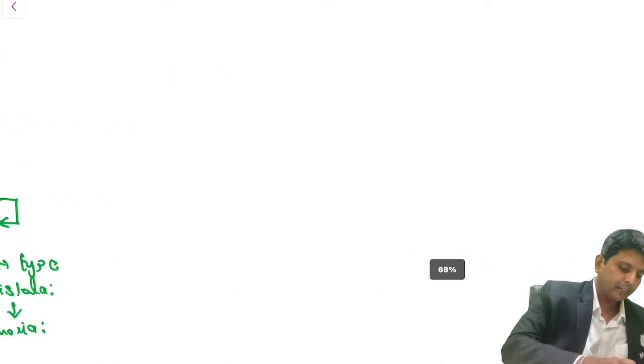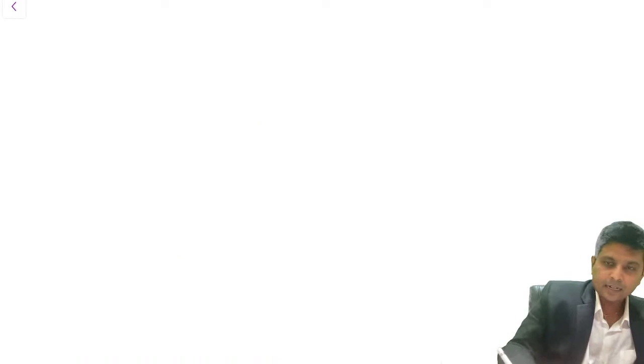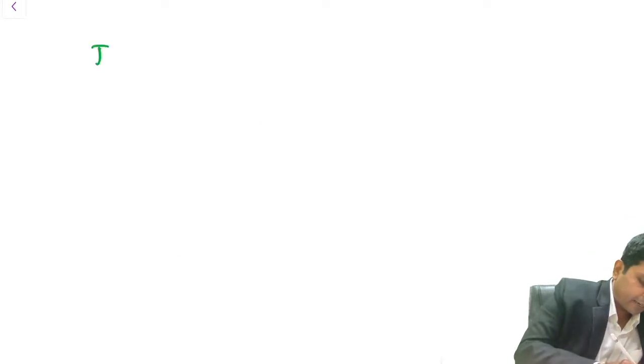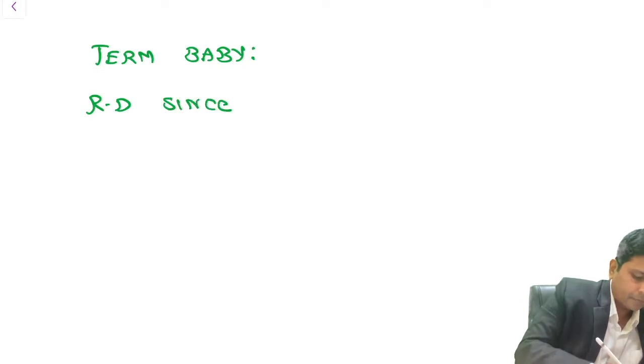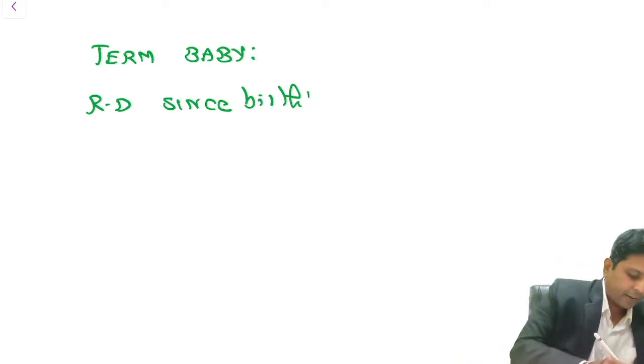Second surgical condition. What is the second surgical condition? Let me say it is a term baby. The child is having respiratory distress since birth. Second point, it has a scaphoid abdomen.